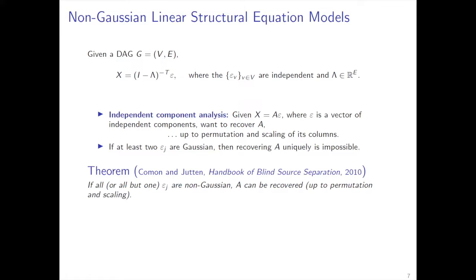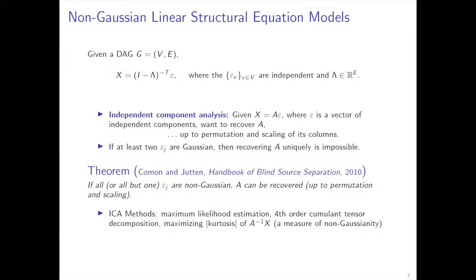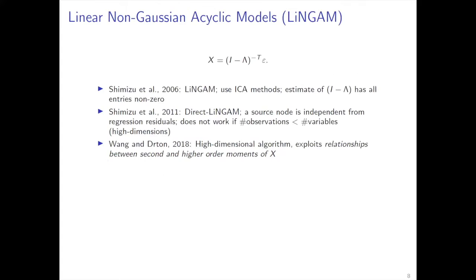And if at most one of them is Gaussian, meaning all the others are non-Gaussian, then you can actually learn A up to permutation and scaling of the columns. So somehow being non-Gaussian here helps and allows you to learn this transformation uniquely. And there's a variety of ways to learn this matrix A. This was realized in 2006 by Shimizu et al.